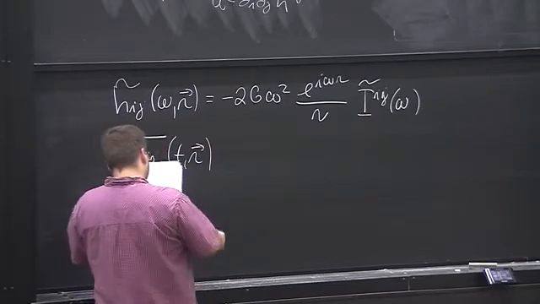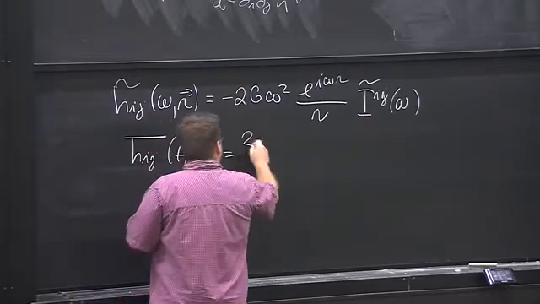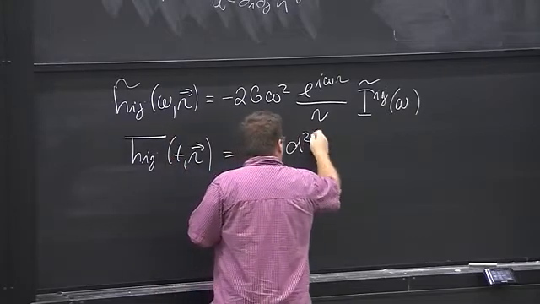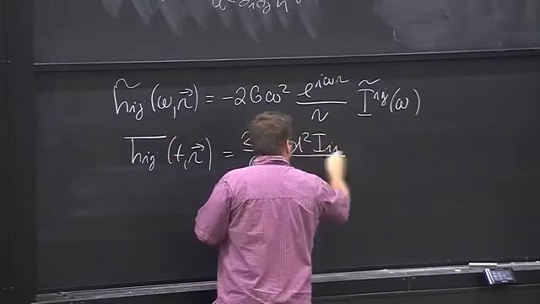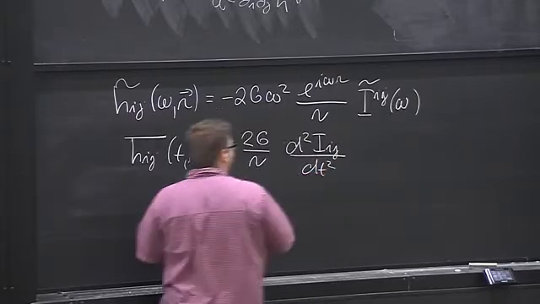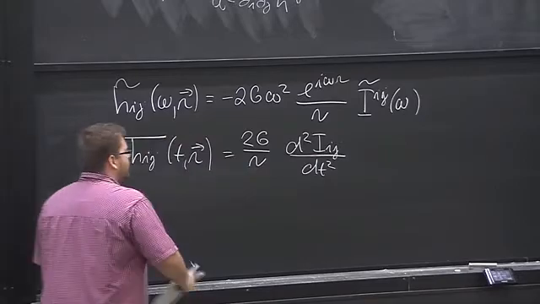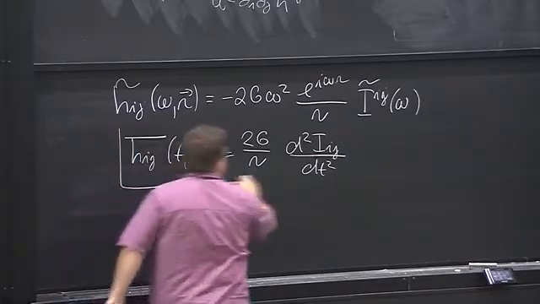Okay, and so what you find is that this is equal to 2g over r d squared I_ij dt squared, where this is now your normal quadrupole moment in the x space, in the time space.